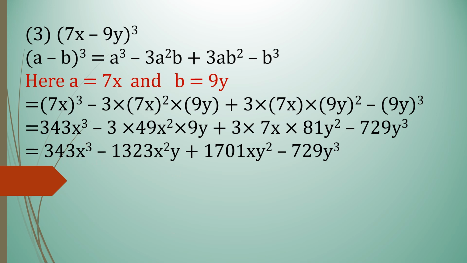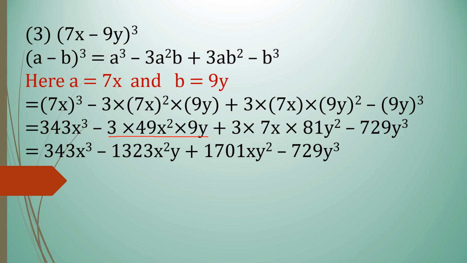Now we'll multiply these terms over here, 3 into 49x square into 9y. First we'll multiply the numbers, that is 3 into 49 into 9. It will become 1323, you'll get the answer after multiplication, and x square into y, you'll get x square y.